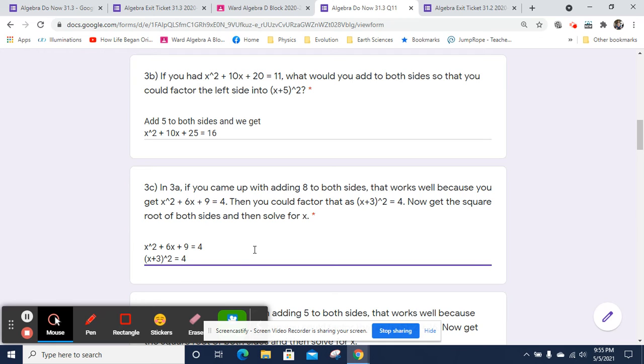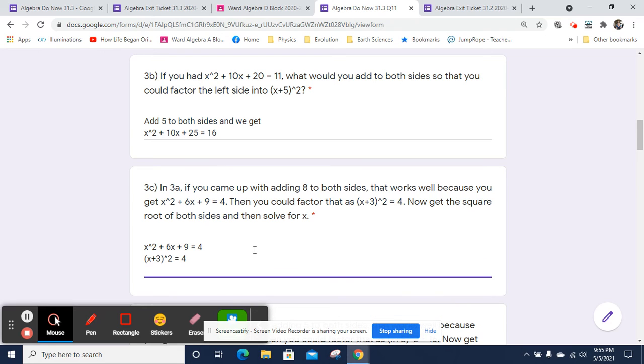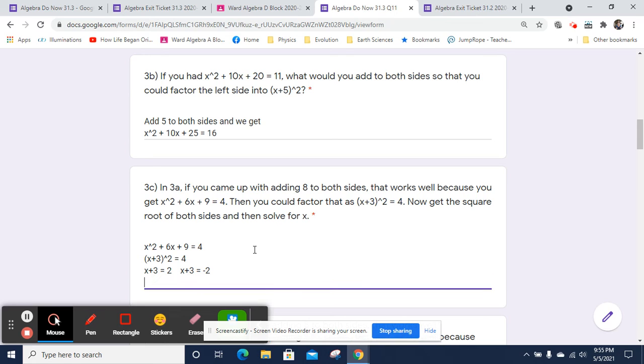Okay, factors into that. Now, let's get the square root of both sides and solve for x. Well, the square root of x plus 3 squared is just x plus 3. The square root of 4 is 2, but also the square root of 4 is negative 2. So we need to solve both of those.